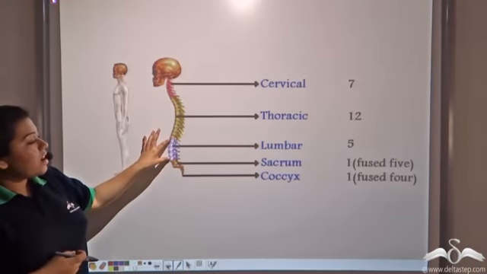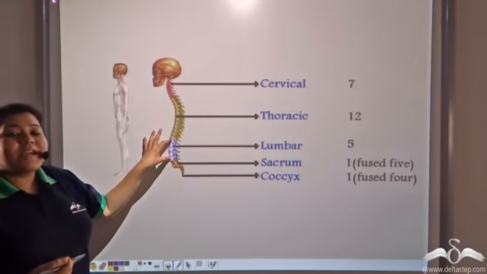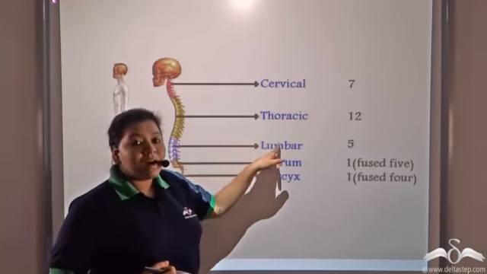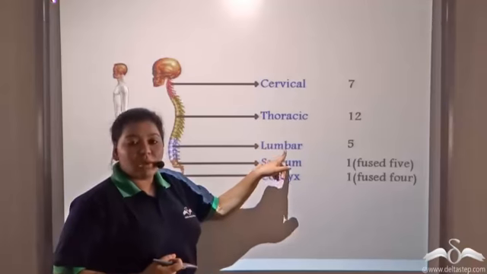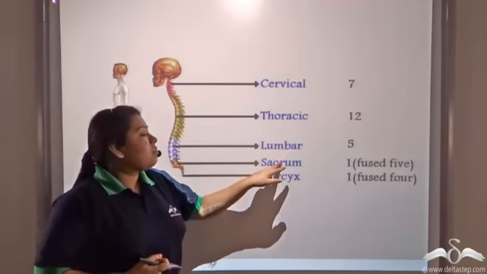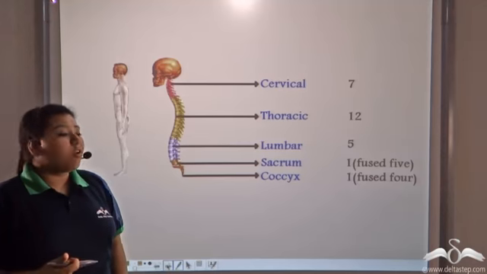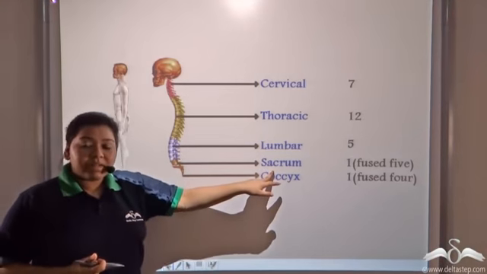Next, there are 5 vertebrae present in our loin region, and hence they are known as the lumbar vertebrae, which means the loin. Next come 5 vertebrae that form the sacrum, or the hip region.